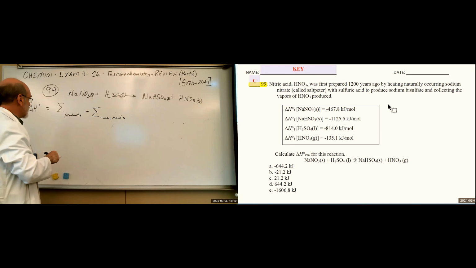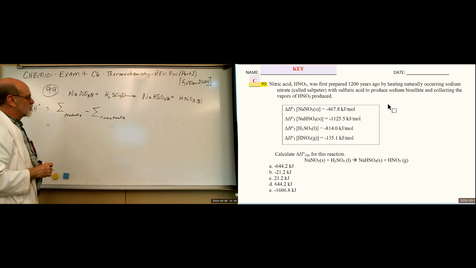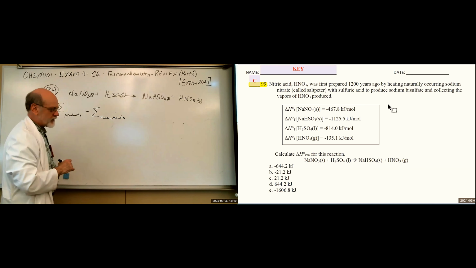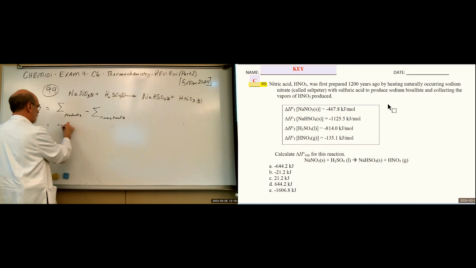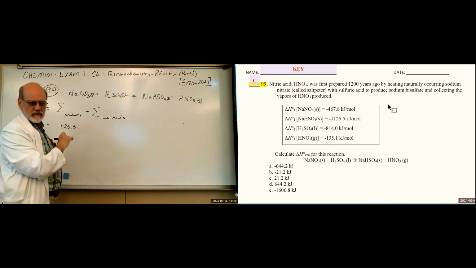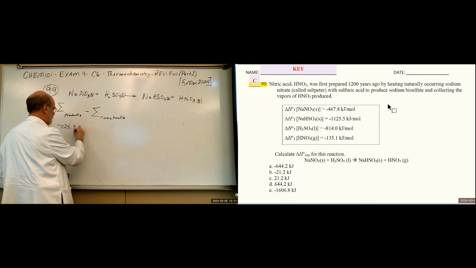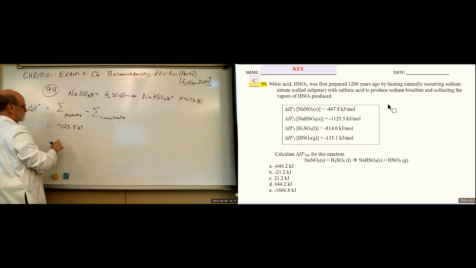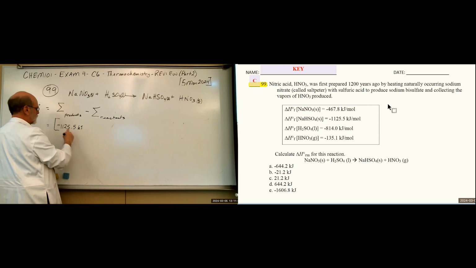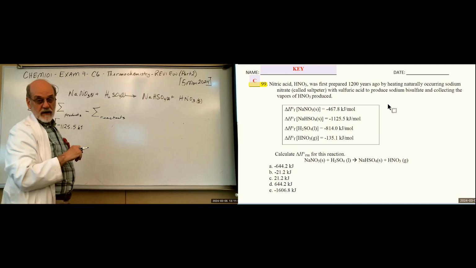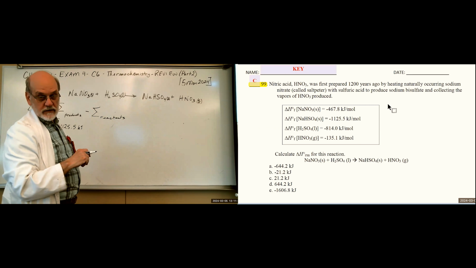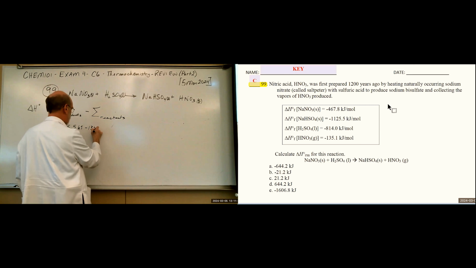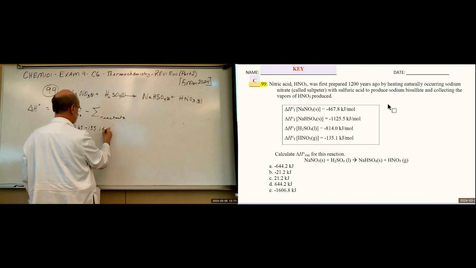Okay, so in this case, standard heats of products. Sodium bisulfate is minus 1125.5 kilojoules, and assume I've already multiplied times 1 mole of each. The next one is nitric acid, which is minus 135.1 kilojoules.